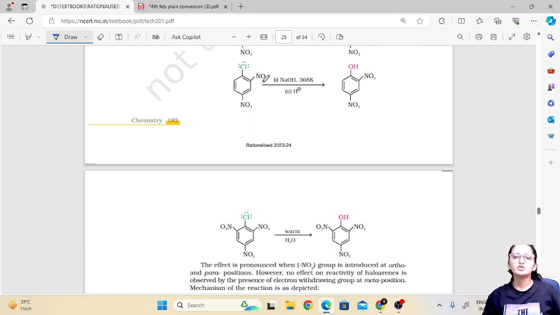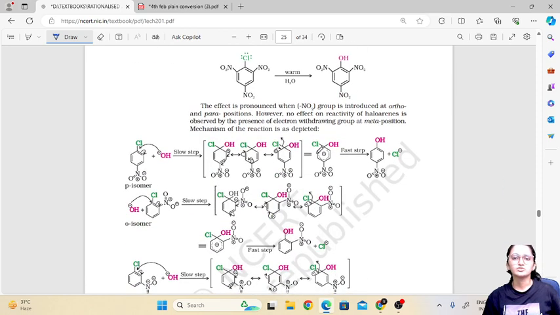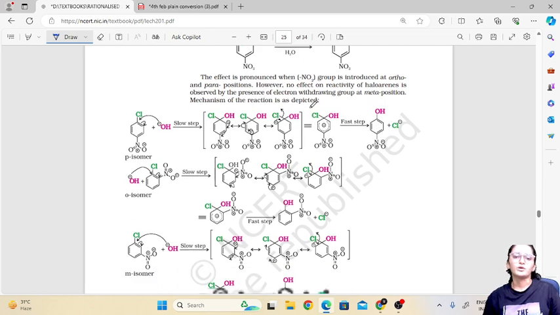Further, if you attach two electron withdrawing groups, the conditions are decreased again. Then if I attach three electron withdrawing groups, even milder conditions are required. I can take warm H2O to carry out the reaction, and I get all three NO2 groups with OH as the product.